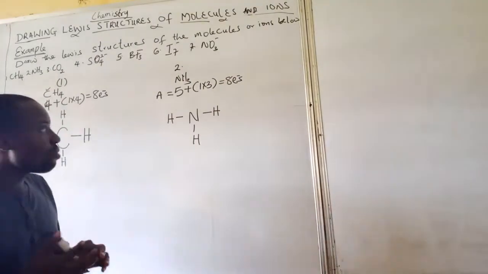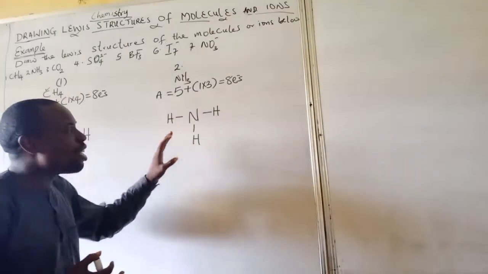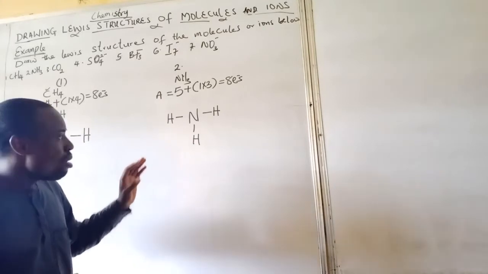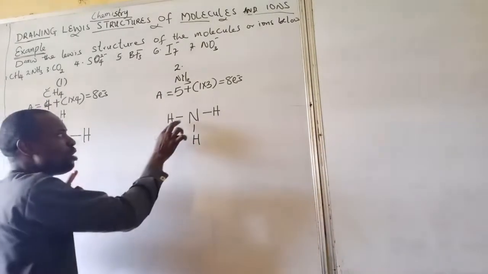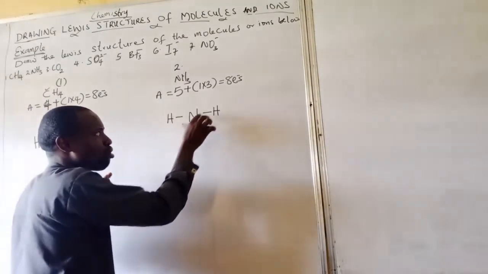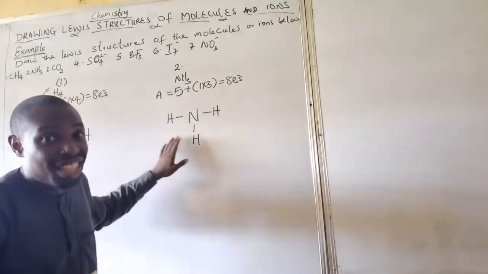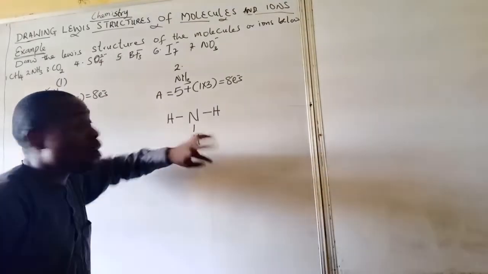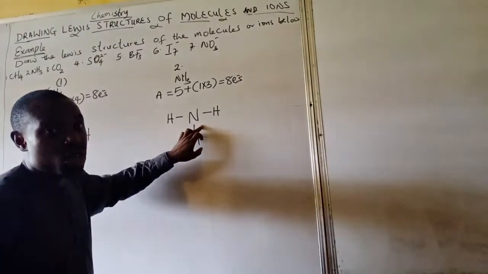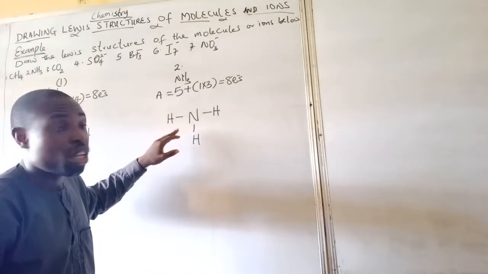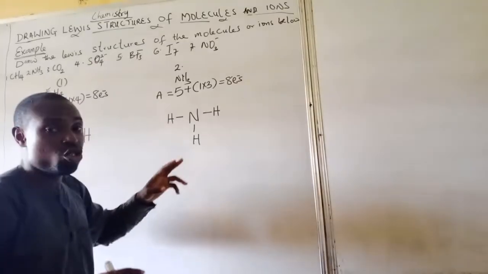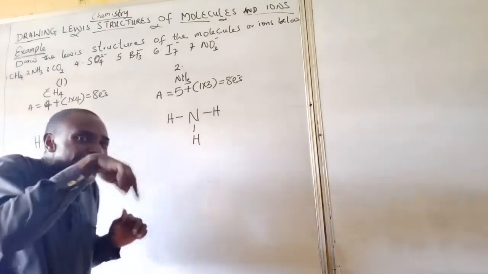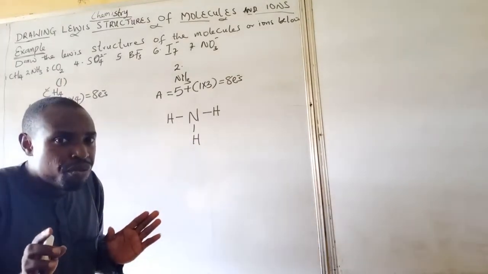Now observe, hydrogen here is already completing its duplet form. But now let's check: 2 plus 2 plus 2 is 6. Because we were told that you distribute the other atoms around the central atom, then a pair of electrons is used to link the nitrogen with each of the atoms involved.